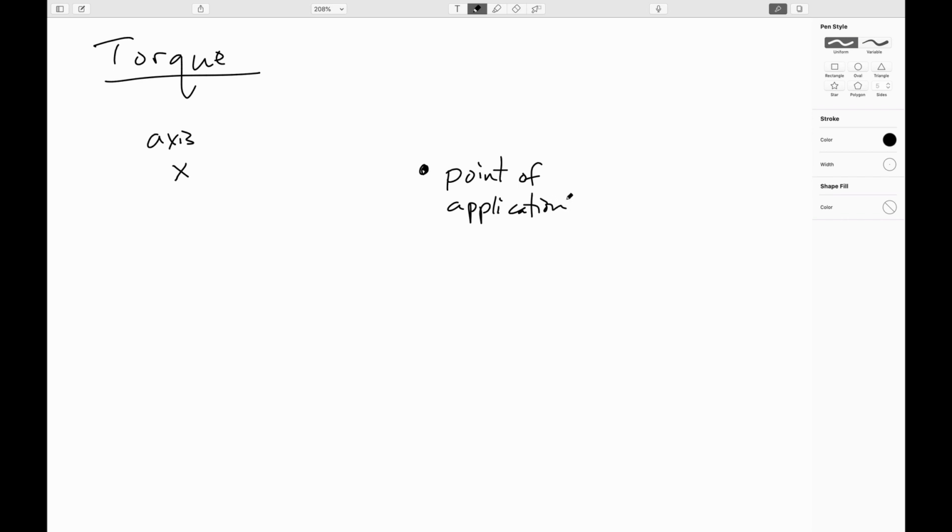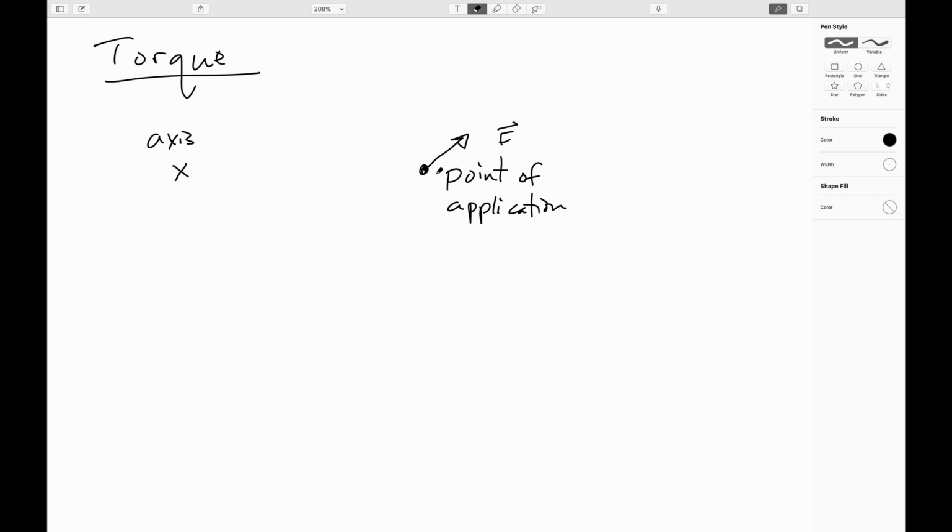So this is taking care of the where, because where it matters is in relation to the axis. So we have our axis and we have labeled where we're applying the force. Let's just say we exert the force this way.